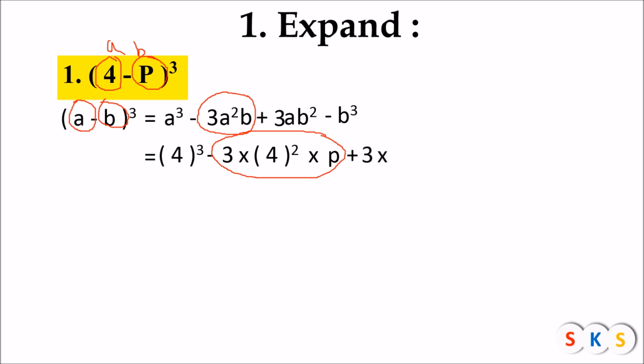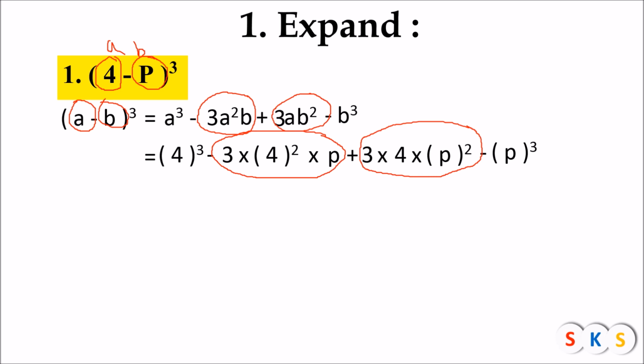Plus 3 into a, that is 4, into b. What is b over here? p. p the whole square. This is 3ab square. Minus b the whole raised to 3. What is b? It's p whole raised to 3.